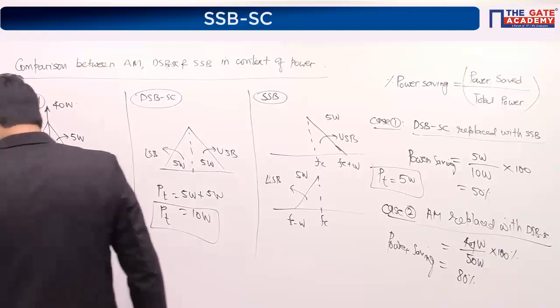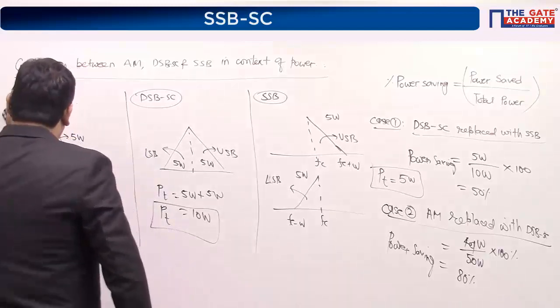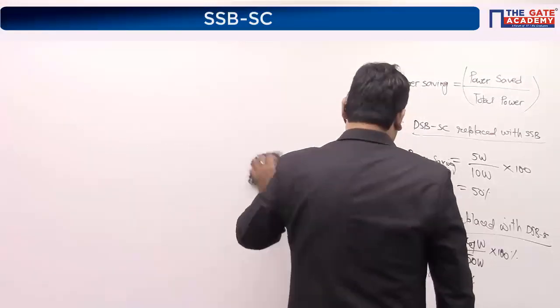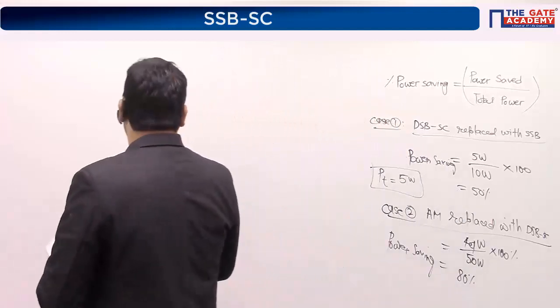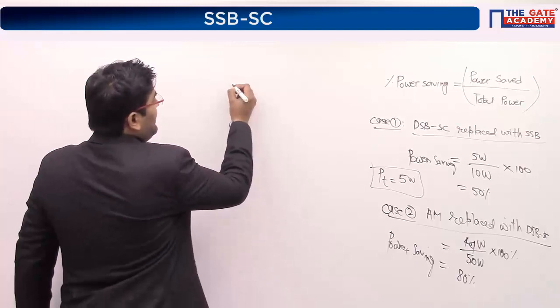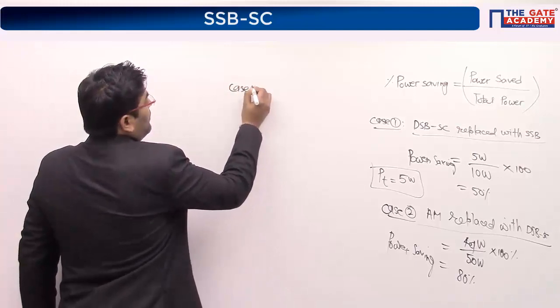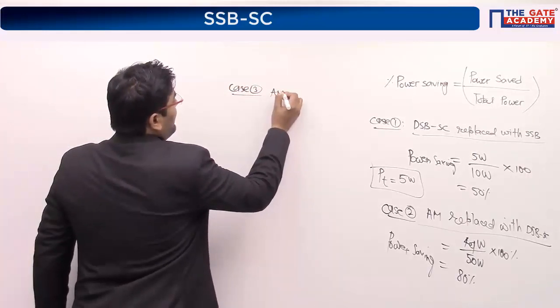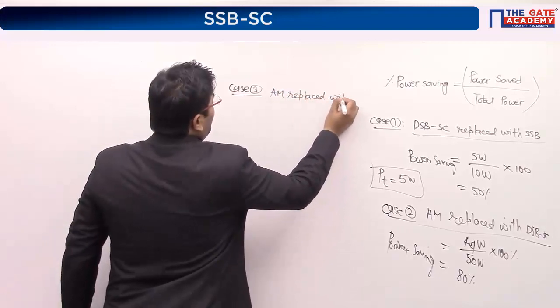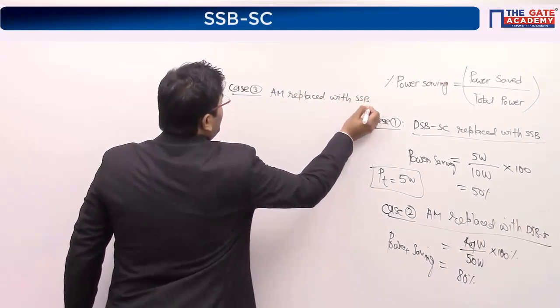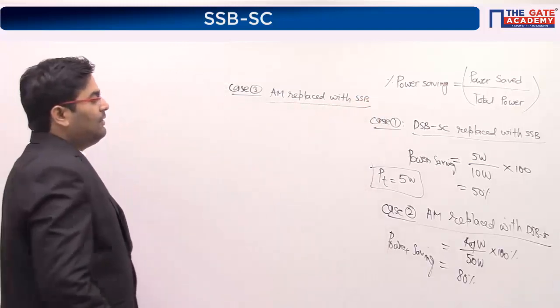And the last case is still there. So let me write here. So case 1 done, case 2 done. Let me write case 3. If I say directly replace AM with SSB, then what will happen?